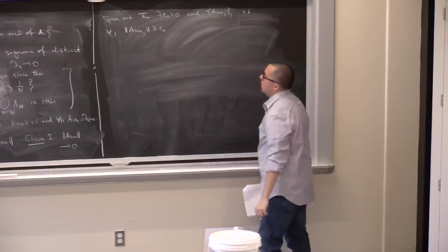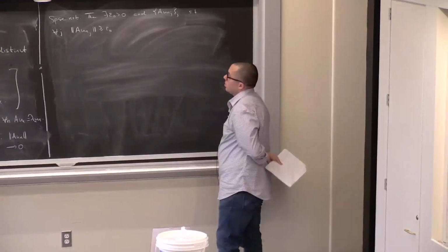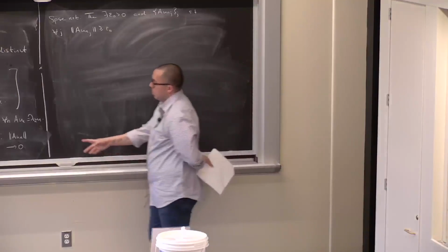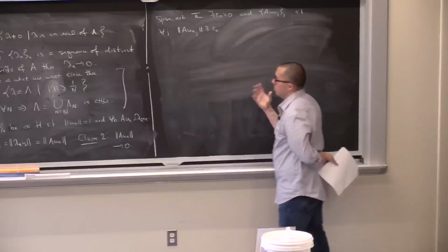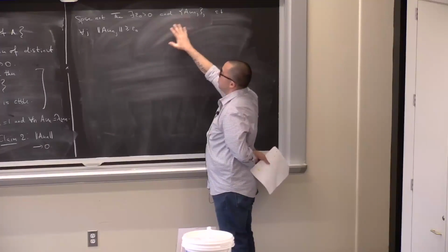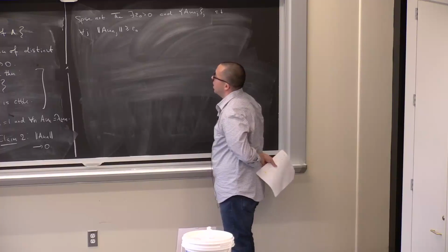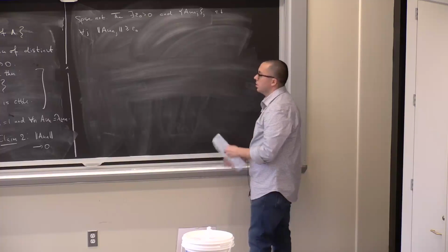If you look at the definition of convergence to 0 and then negate that, you can conclude that you can find a subsequence so that I have this. So there exists some bad epsilon 0 so that I have that.